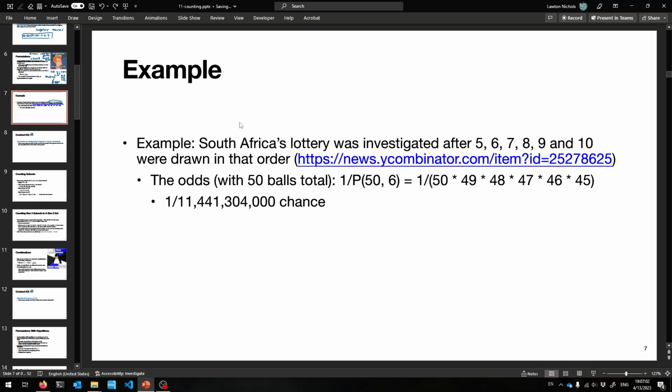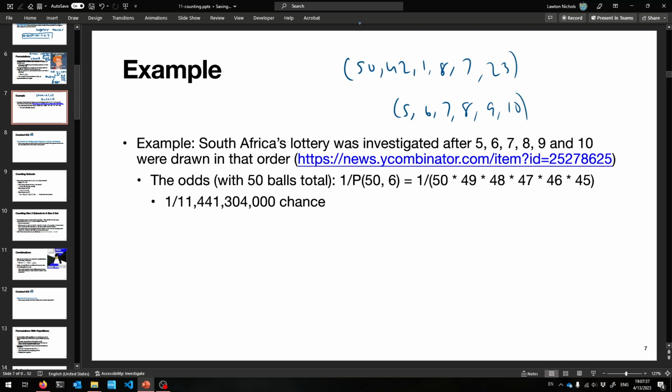Their lottery had 6 numbers to draw, and there are 50 balls in the lottery, so a normal lottery draw would look something like a choice of 6 numbers between 1 and 50. Like this is a possible permutation, 50, 42, 1, 8, 7, 23. That's a possible permutation of the 6 numbers that could be drawn. But no, this one was 5, 6, 7, 8, 9, 10 in that exact order.